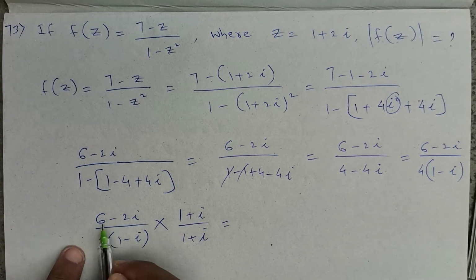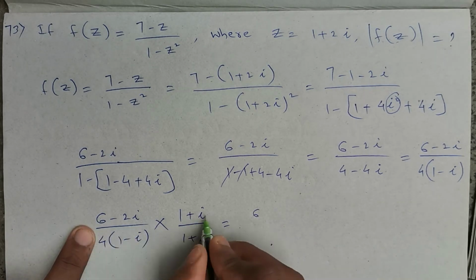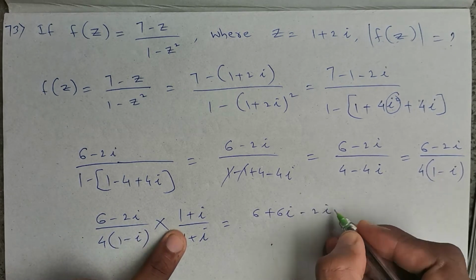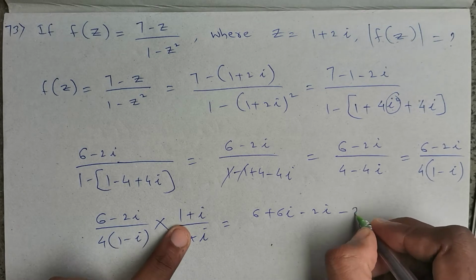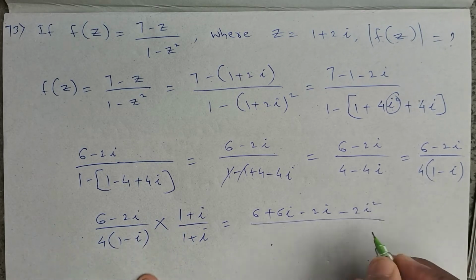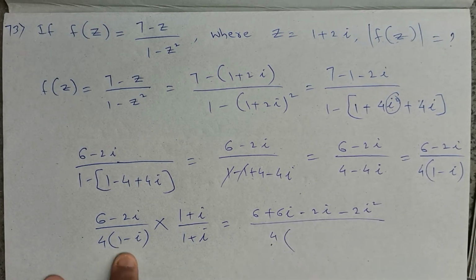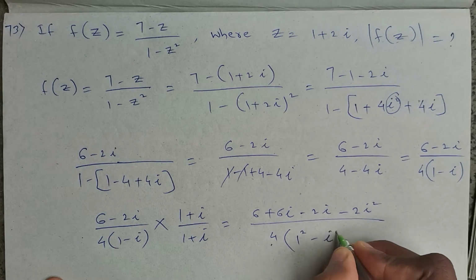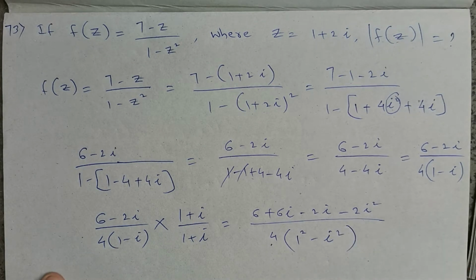So we get 6 into 1, 6, 6 into i, 6i, minus 2i into 1, minus 2i, minus 2i into i, minus 2i square, whole divided by 4 as it is, (1 minus i) into (1 plus i). By the (a minus b)(a plus b) formula, a square minus b square, that is 1 square minus i square.